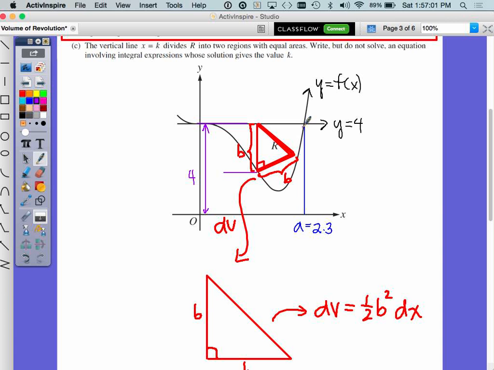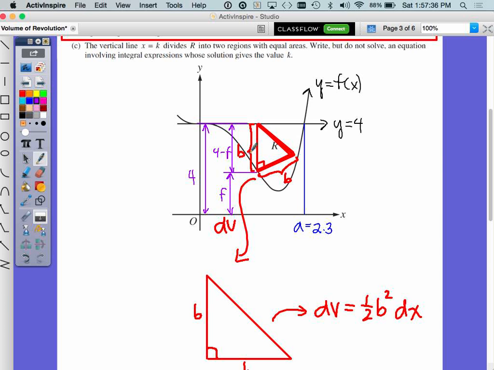The bottom of the triangle, however, is going to be changing with the curve. And the distance from the x-axis up to the bottom of the triangle is going to be my function, f. And so it's pretty clear that the distance that we want, our distance b, must be this distance, which is 4, minus this distance, which is f. So this must be 4 minus f.